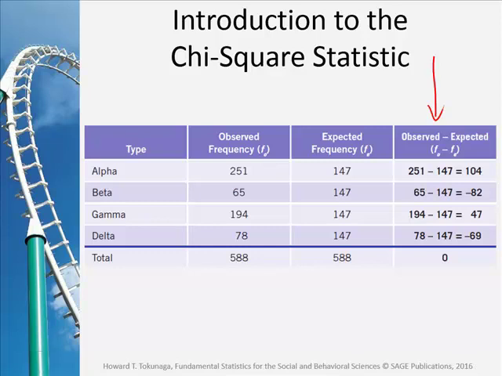The chi-square is going to focus on the difference between the frequency observed minus the frequency expected, to see how far away we are from our expectation.